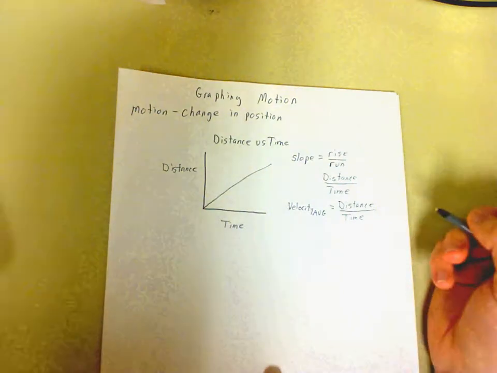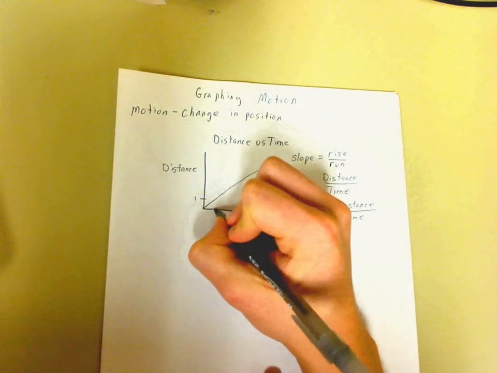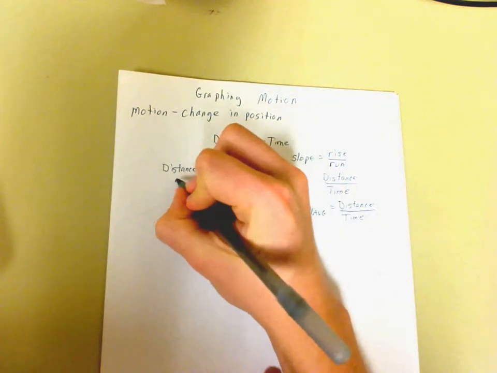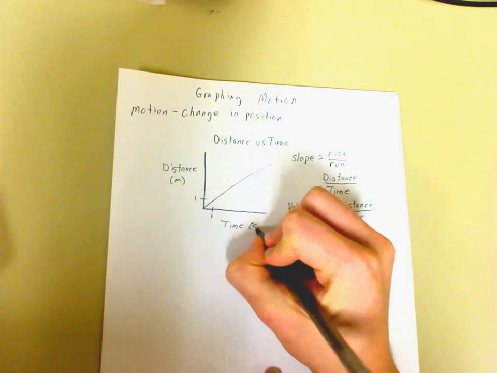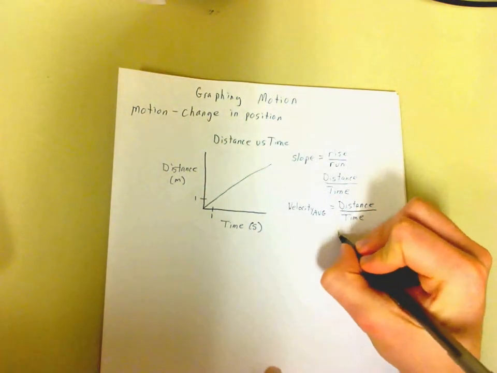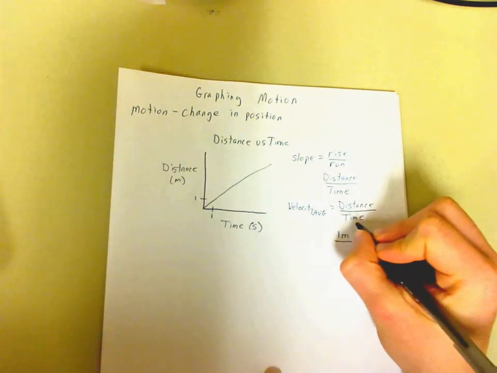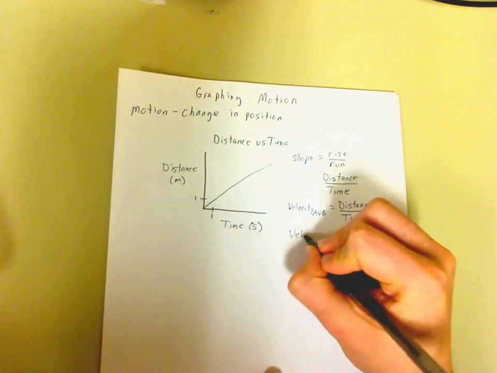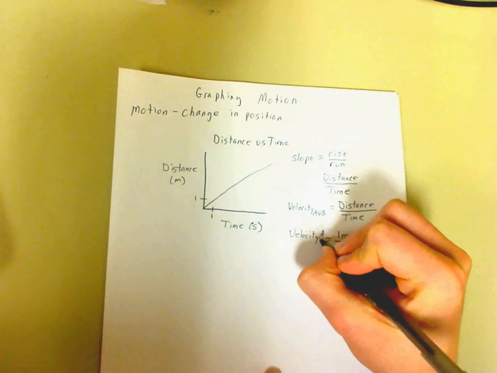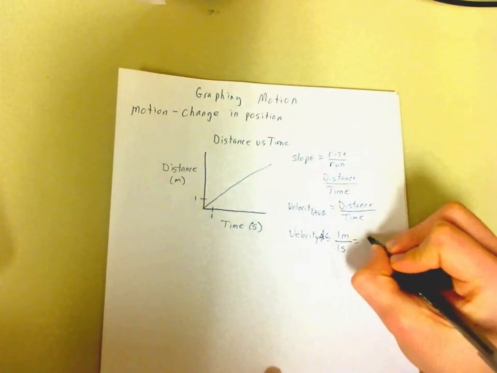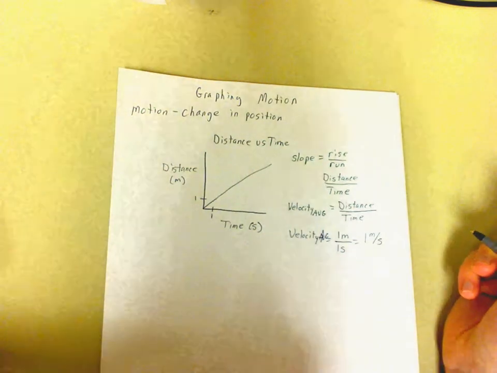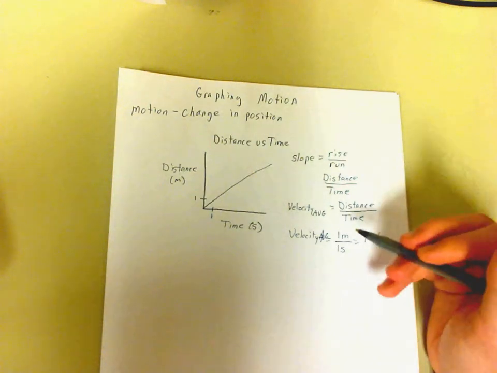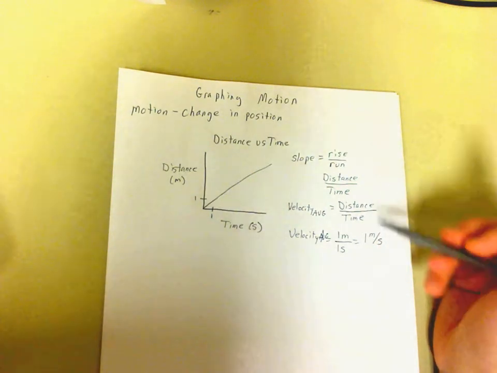And so, like I said, I was just intending for this to be a one-to-one graph. If we have a distance that's measured in meters and time, which is measured in seconds, so if we have a distance of 1 meter and a time of 1 second, our average velocity is going to be 1 meter per second, because we just divide those like we had before, and it is the rise over the run, and that will give us our slope.